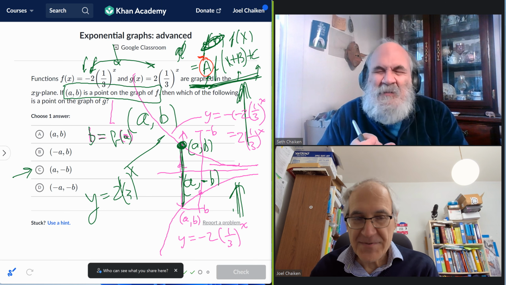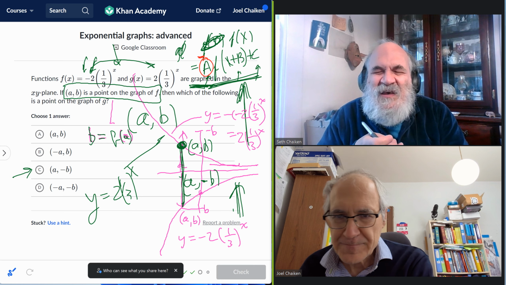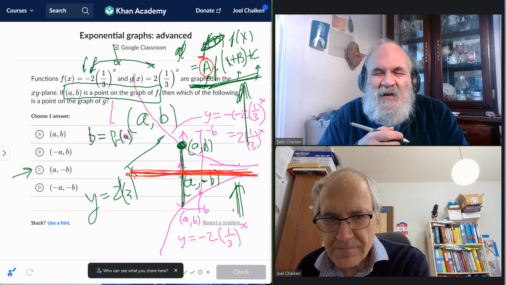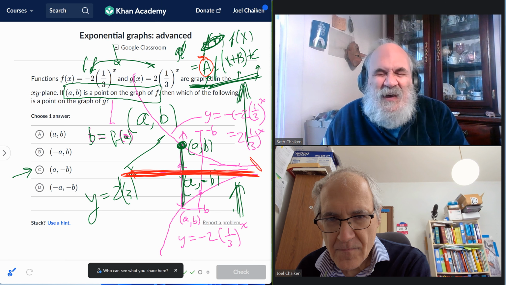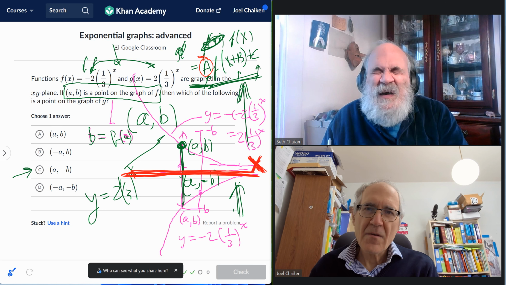So similarly, it flips it across the x-axis. If you negate every appearance of x, you flip the graph across the y-axis. That's right.